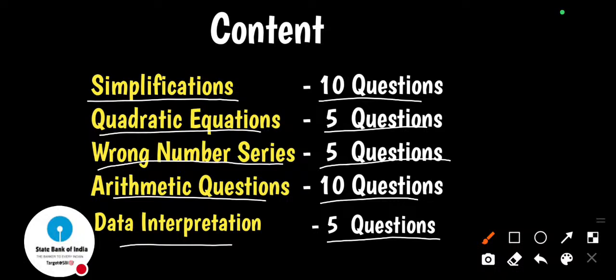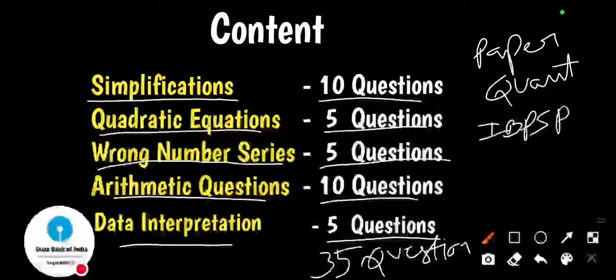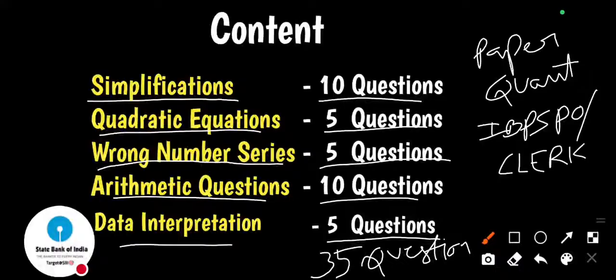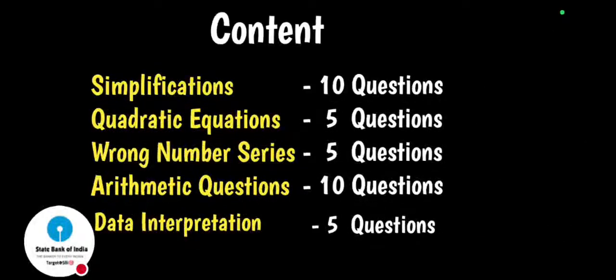In total we see 35 questions, and this content looks like the pattern of quant we see in IBPS PO or clerk, SBI PO or clerk, and RRB PO or clerk. So without wasting any time, let's get started with our questions.